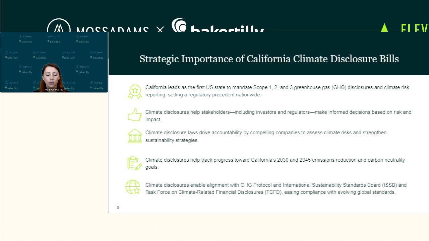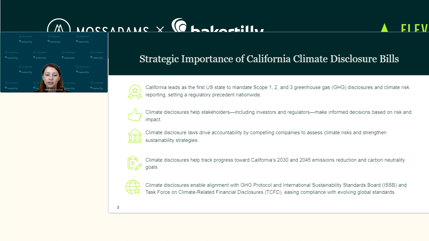These laws require companies to report their emissions and climate risks using standardized frameworks like TCFD and the Greenhouse Gas Protocol that we'll go through today. This helps establish consistency in the data that gets reported and published and is used by various stakeholders, including the investors I mentioned earlier. It helps make strong business decisions and provides transparency.